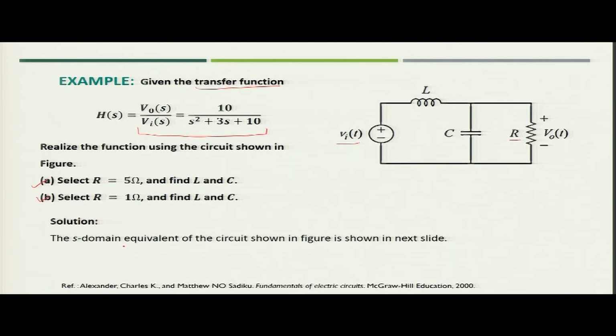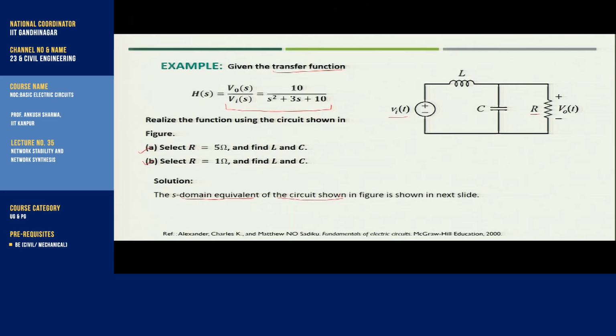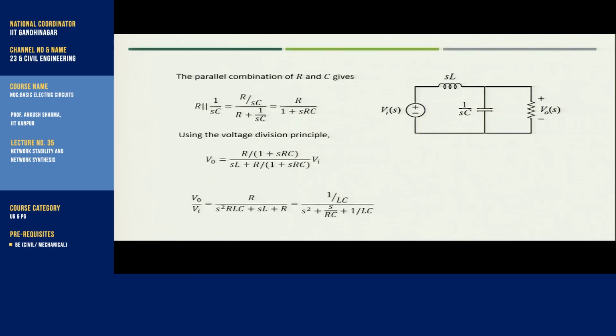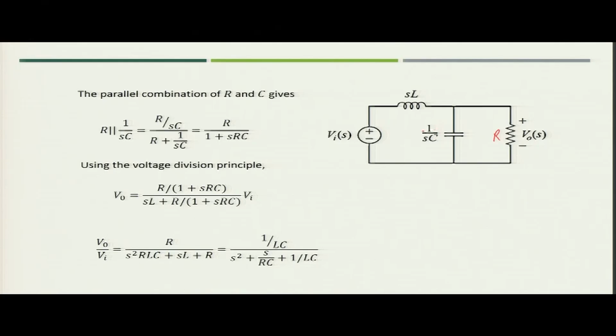Now, first what we have to do is find out the S domain equivalent of the circuit. When you create the S domain equivalent of the circuit, it will look as shown in the figure. So, this is V I S, that is the input voltage, V naught S is across the resistance R, and then the inductor will become SL and capacitance will be 1 by SC.